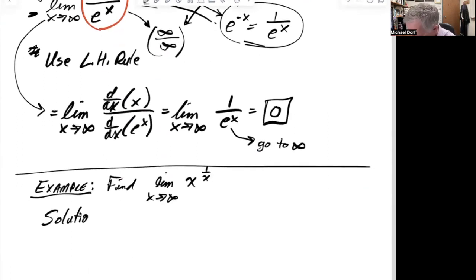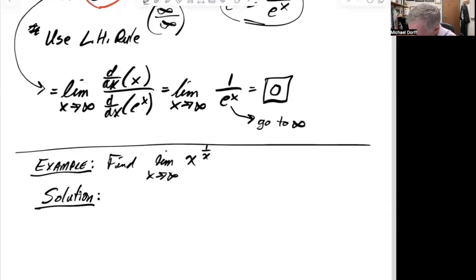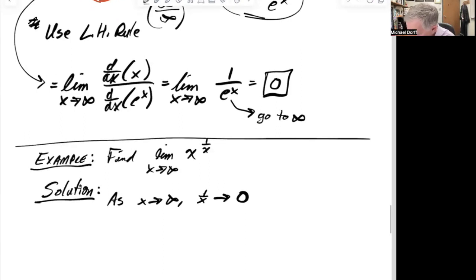So now if we do a direct substitution, we know that as x goes to infinity, 1 over x is going to go to 0, because again you have a fixed number, a 1 in the numerator, and you have an x in the denominator, and x is getting really, really large. So 1 over a really, really, really large number is going to 0. So this is going to have the indeterminate form of infinity to the 0 power.